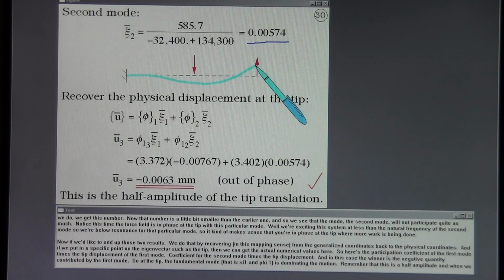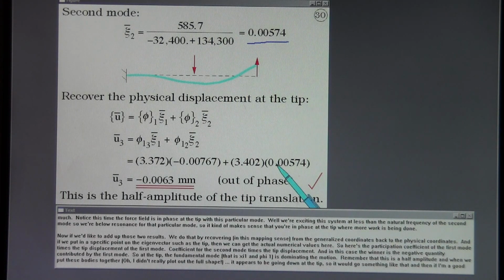So it kind of makes sense that you're in phase at the tip where more work is being done. Now, if we'd like to add up those two results, we do that by recovering in this mapping sense from the generalized coordinates back to the physical coordinates. And if we put in a specific point on the eigenvector such as the tip, then we can get the actual numerical values here.